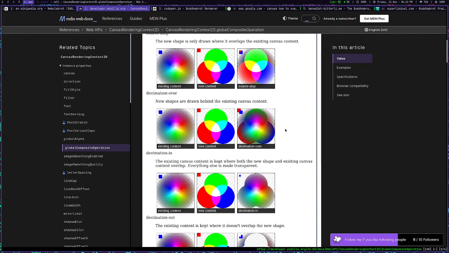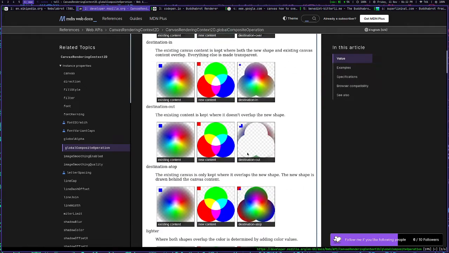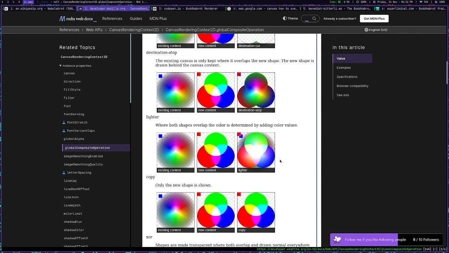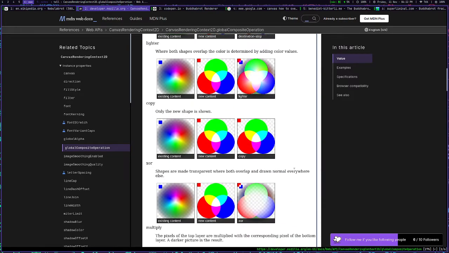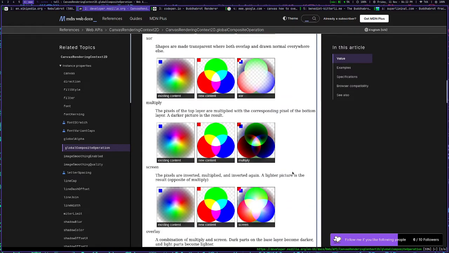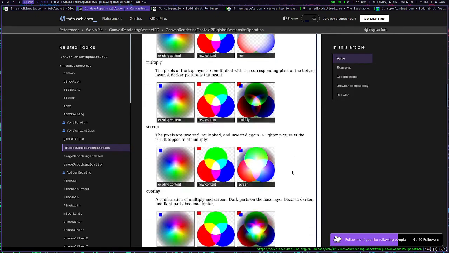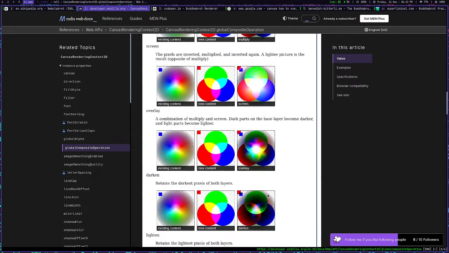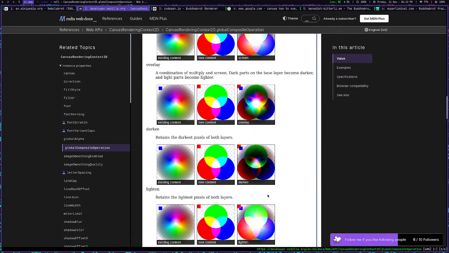Difference. Destination over. Destination. Don't care. Lighter makes it brighter. XOR. Multiply. Okay. Multiply, I feel like, is relevant. Or overlay, combination of multiply and screen. Dark parts become darker, light parts become lighter.